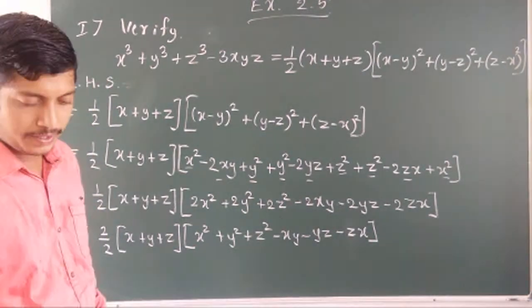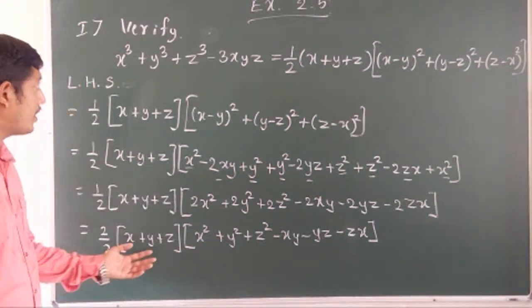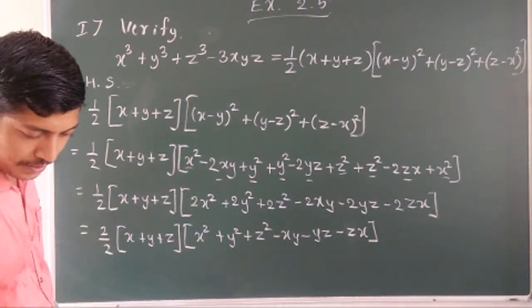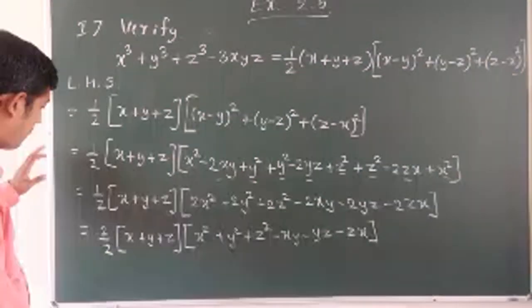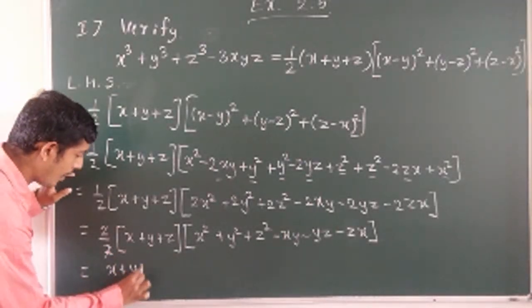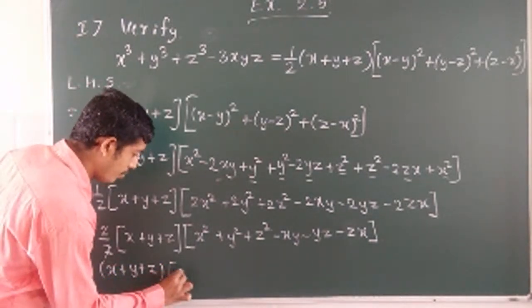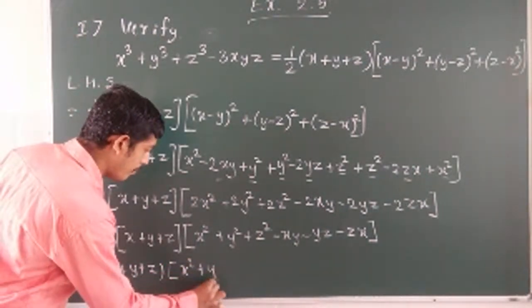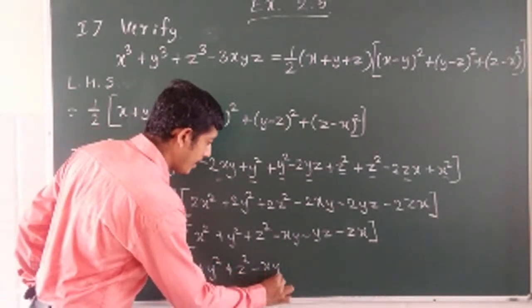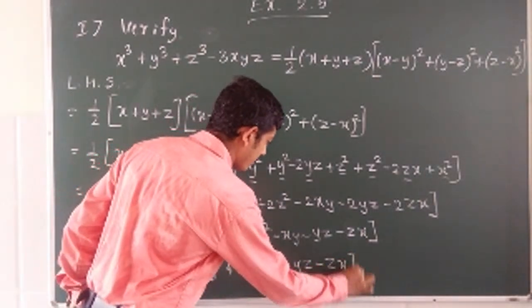Then the 2 gets cancelled, and what remains is (x plus y plus z) into (x square plus y square plus z square minus xy minus yz minus zx).